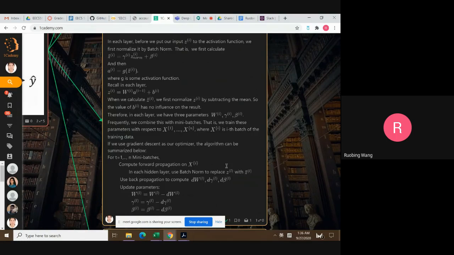In each hidden layer, we use batch norm to replace z_i with z tilde i. Then we use backpropagation to compute dW, d gamma, and d beta, and we update the parameters just as we do in gradient descent. You can also add an optimizer and combine it with batch norm.